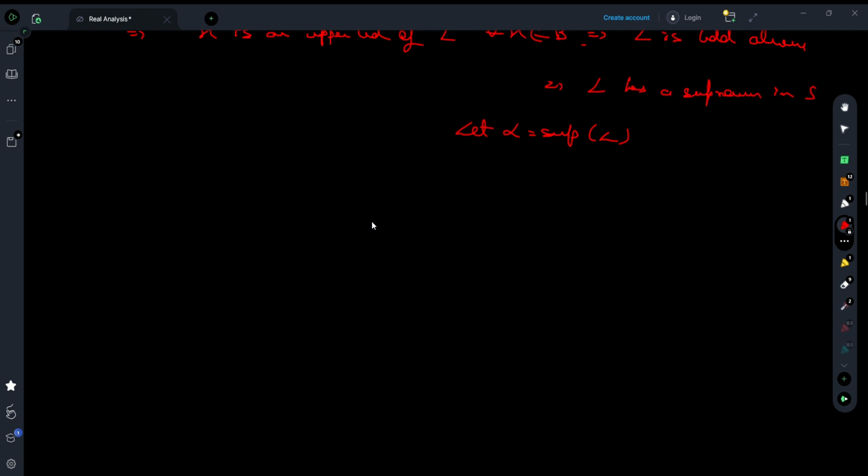Let alpha be the supremum of L. To prove that this alpha is the infimum of B. Now see.